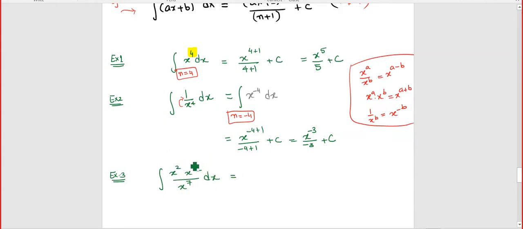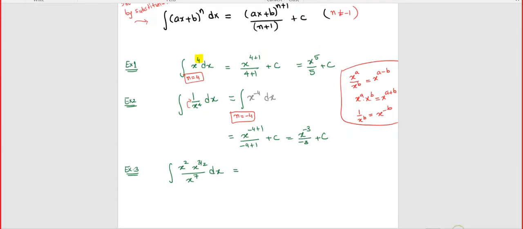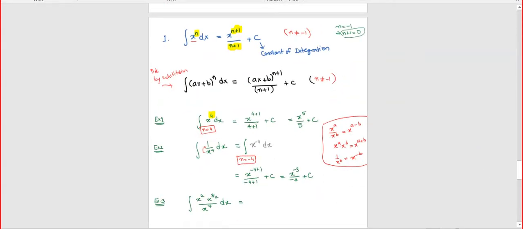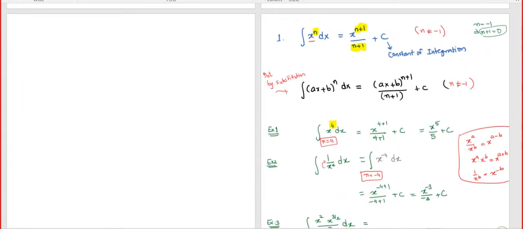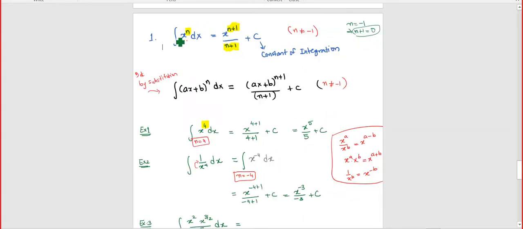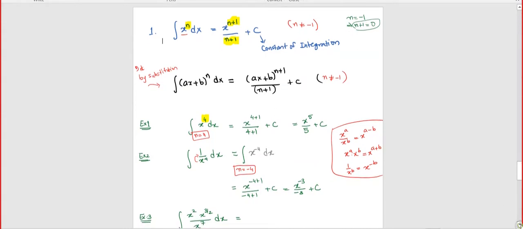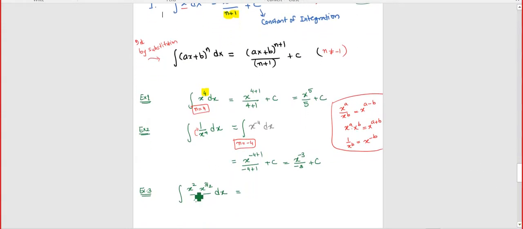It is in the same form as the rule, x to the power n, but here you don't have one x, you have 3 x's. So you need to combine all these terms together to make it the form x power just one number dx.